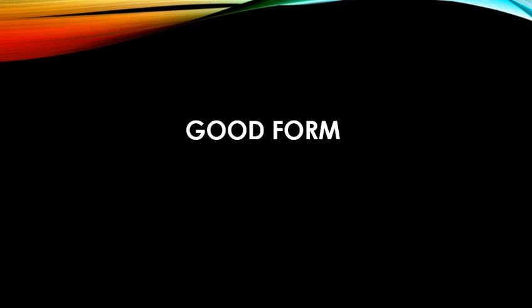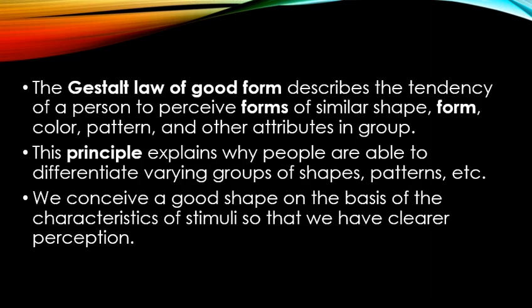Another perceptual law of organization is the law of good form. The Gestalt law of good form describes the tendency of a person to perceive forms of similar shape, form, color, pattern, and other attributes in a group. According to this principle, we can coherently organize stimulus in the environment on the basis of our abilities.